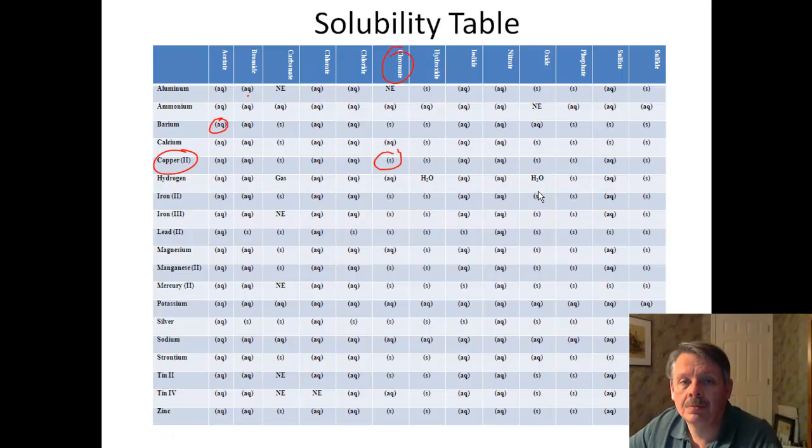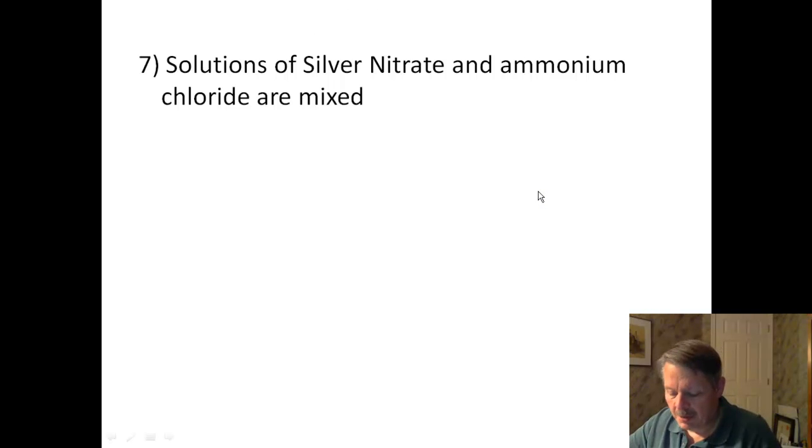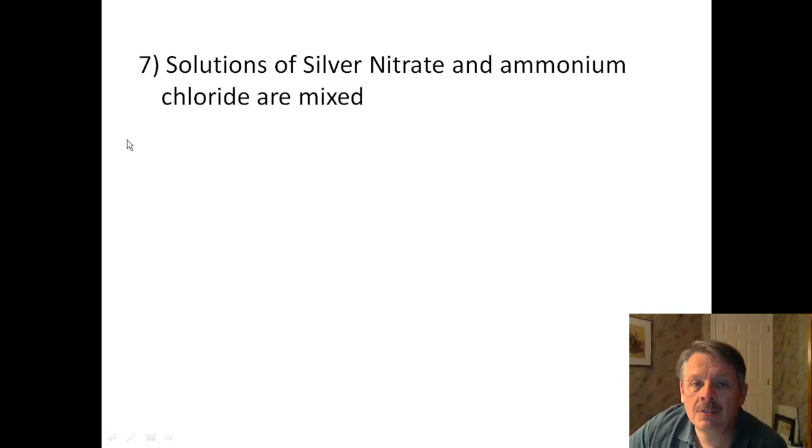Okay, how about number 7? Number 7, it tells me I have a solution of silver nitrate and ammonium chloride. Well, that implies that they're both aqueous. So I should have silver nitrate, AgNO3, and ammonium chloride, NH4Cl.